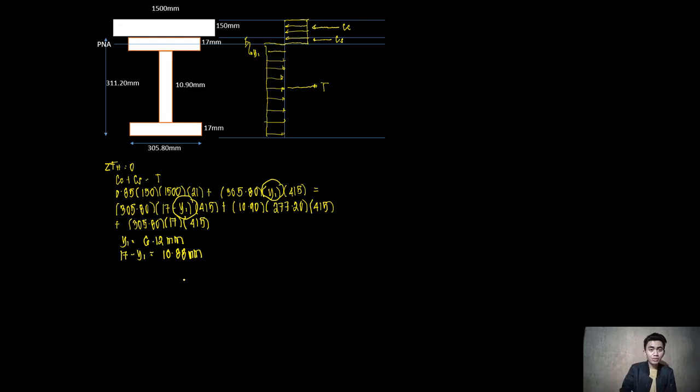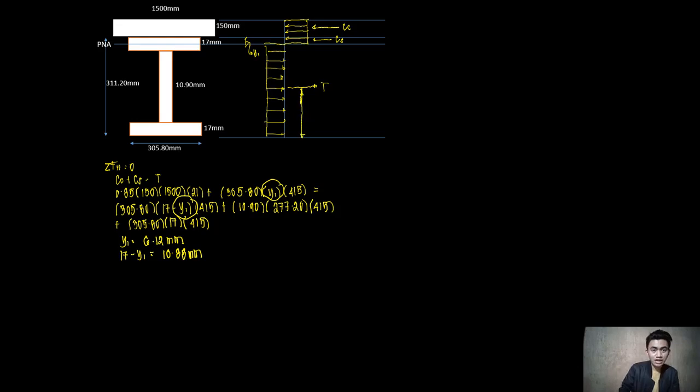However, if I were to take moments at T, C sub C and C sub S will rotate, which means I will have to determine the vertical distance of C sub C and then C sub S from T. So for me to be able to do that, I have to determine first the vertical distance, say for example, of T to the bottom flange.